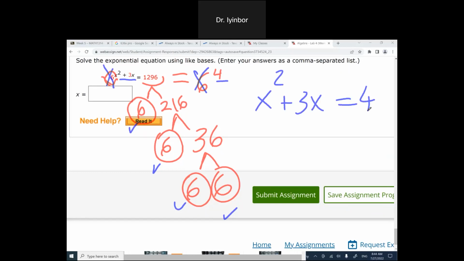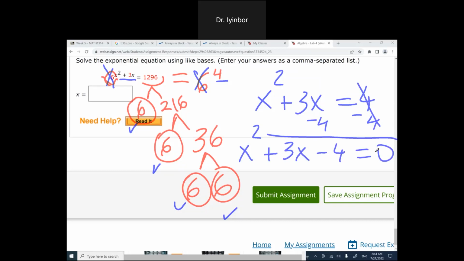So what you have to do is move everything to the same side to equal 0, and then get your ABC and solve it. So I'm going to subtract 4 on both sides, because I need it to equal 0, and I'm going to get x squared plus 3x minus 4 equals 0.